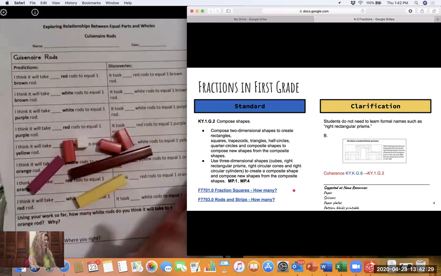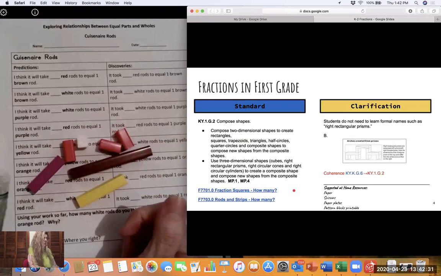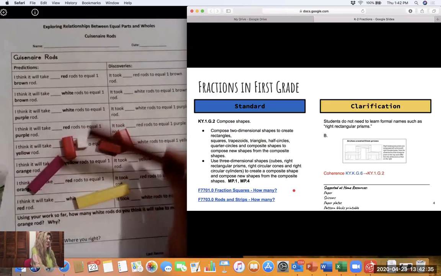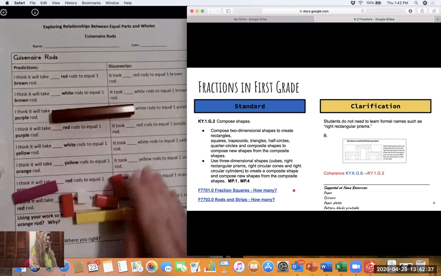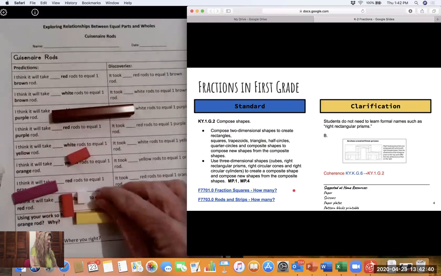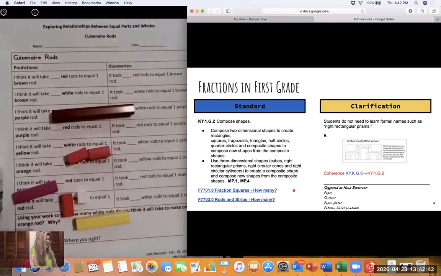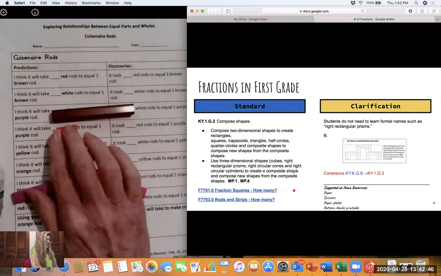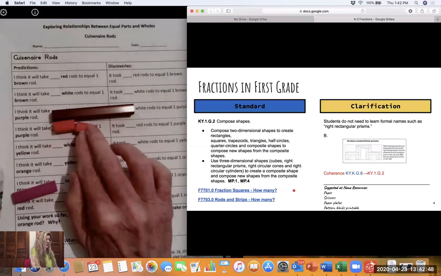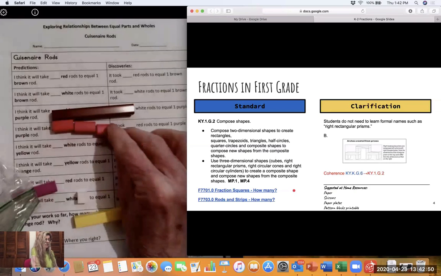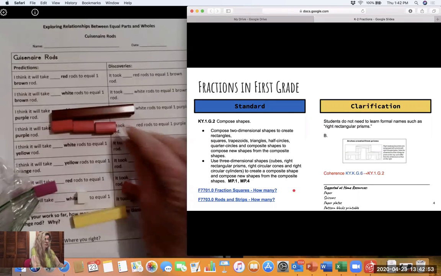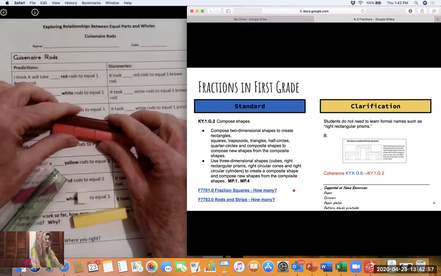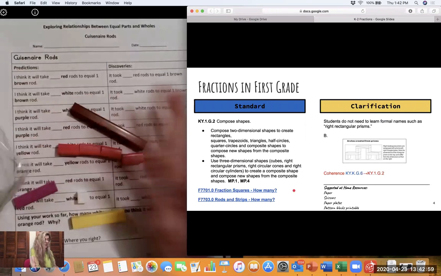And again, they're predicting. It says, I think it will take blank red rods to equal one brown rod. So they take that brown rod and they look at those red rods and see how many they think it may take. Of course, they can always predict first and then build. And of course, they could check and see if their answer is correct. So you get the idea of how you would do that activity.